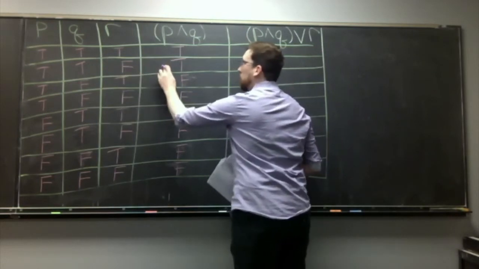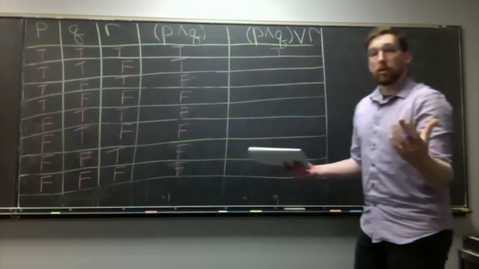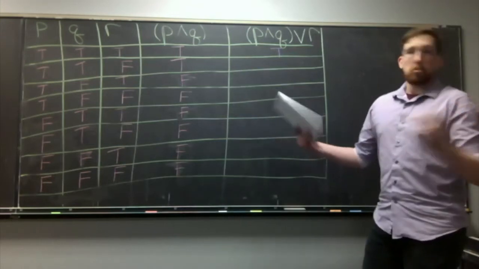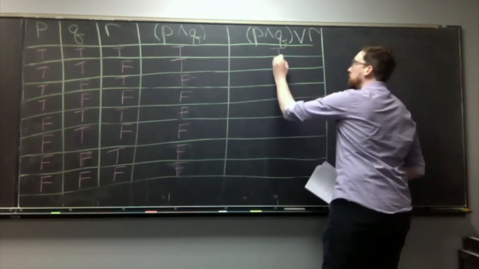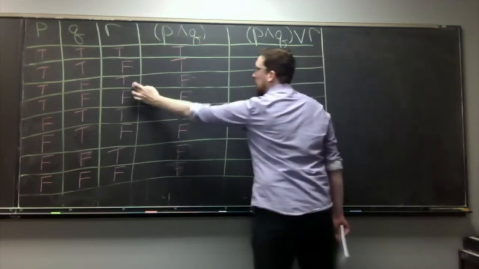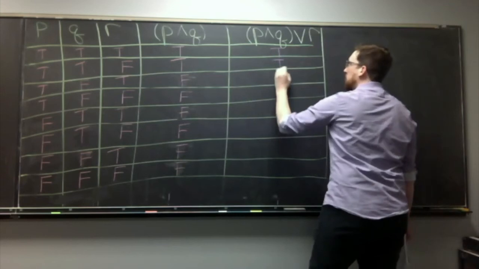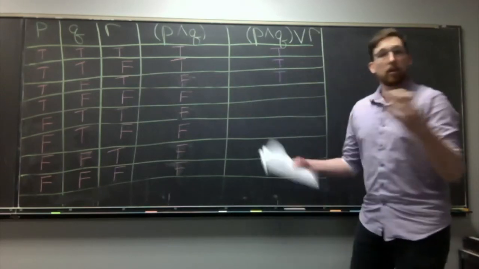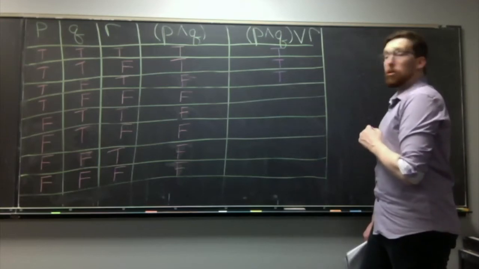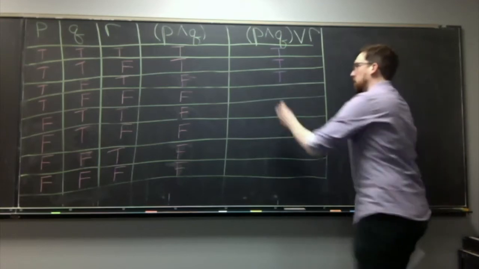False or true. Well, this is the inclusive or, so one of them is true. Our truth value is also going to be true. True or false. Again, one of them is true, so because it's the inclusive or, we get a truth value of true. False or false is going to give us false.